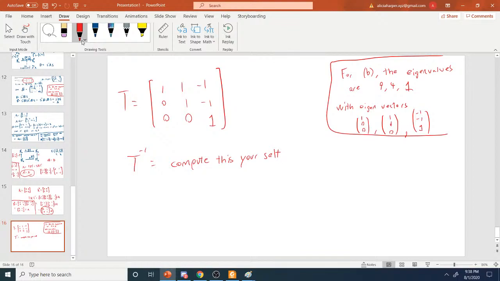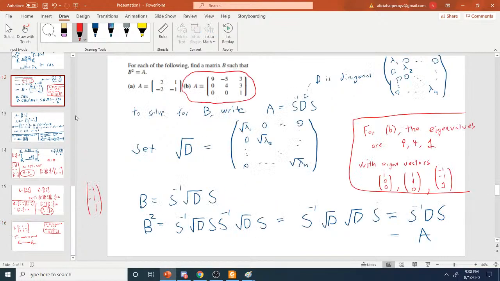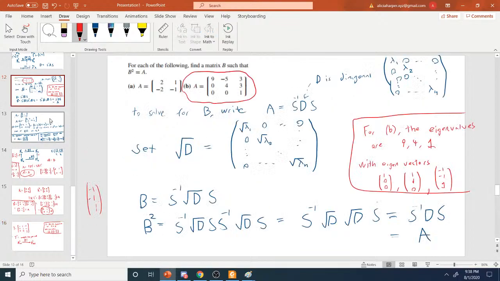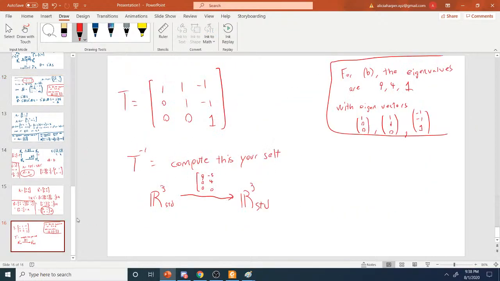And we have the following diagram. Our three standard bases, and our linear transformation is given by the matrix, this thing right here, 9, 0, 0, -5, 4, 0, and then 3, 3, 1.